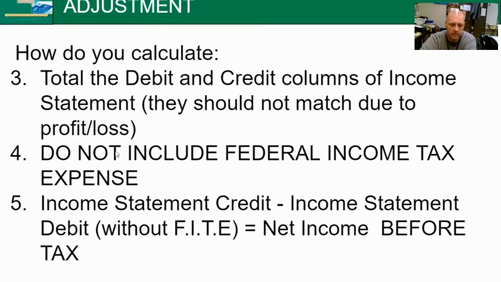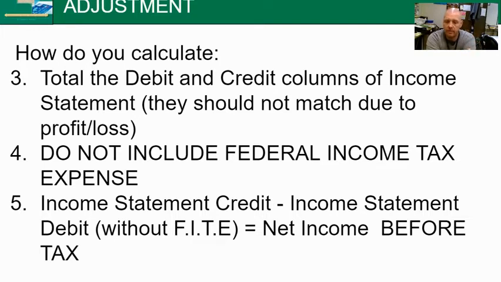Big idea here, which is why I all caps it at you and not trying to yell, just want to separate it. When you add up all of those income statement debits, do not include federal income tax. Don't include how much you've already paid, right? That's going to skew our numbers. We want to assume that we haven't paid anything, even though we did.